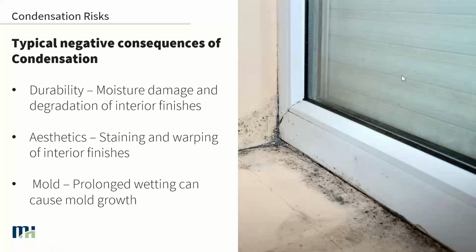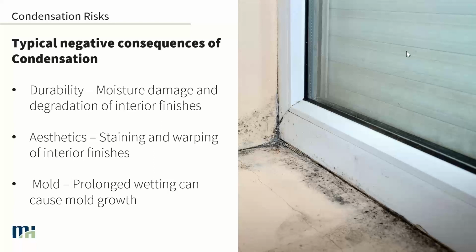So what are the typical negative consequences? A lot of our buildings, when we talk about this, are typically either commercial or residential type buildings. So the negative consequences really fall into three main items. The first one is durability.